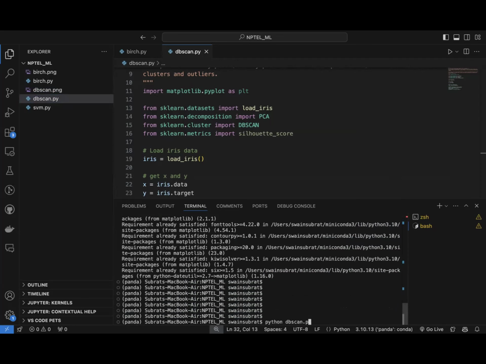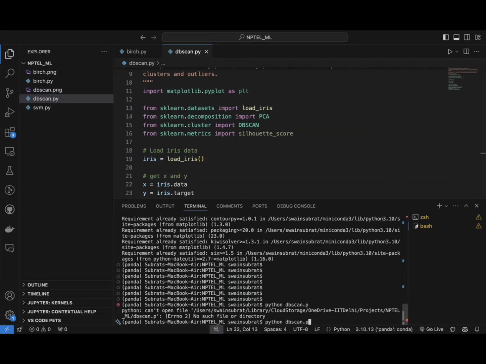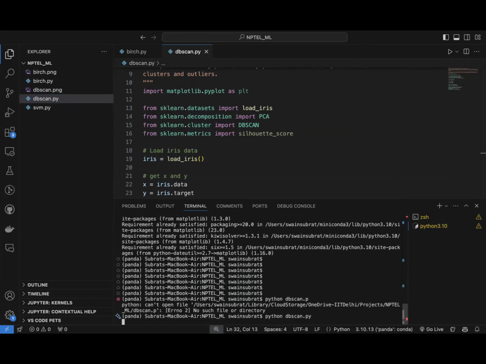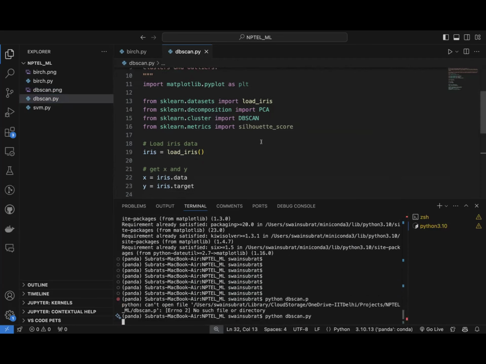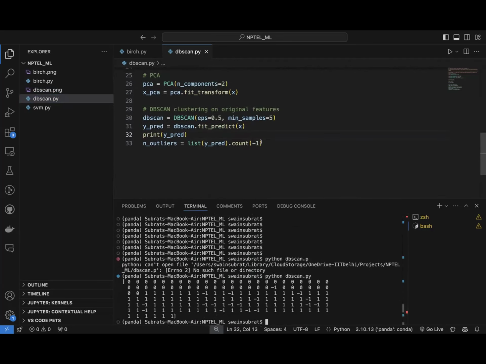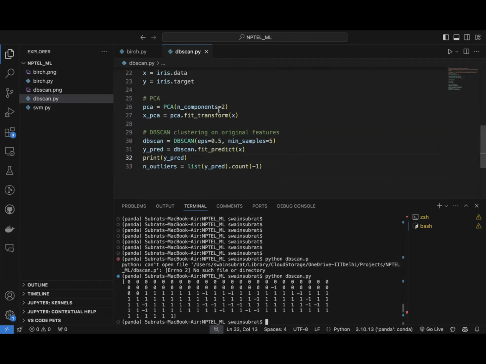Python dbscan.py. So outliers are given by -1, right?